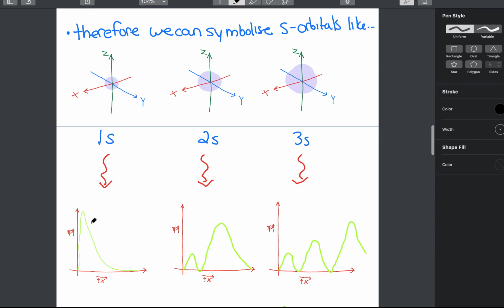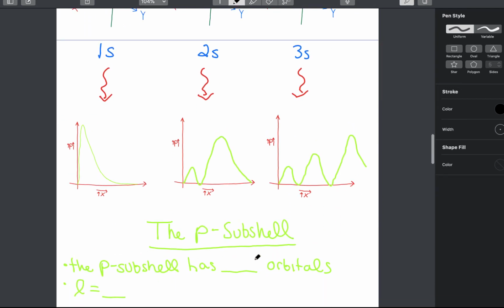So here we see in this graph that most of the electron density will be closer to the nucleus. In this graph we see that more electron density will be further away from the nucleus, and then the same will be for the 3s. So as n increases, electron density away from the nucleus increases, and the size of the orbital increases. So once again, this is just reiterating those points as well. So that is the s-orbitals.